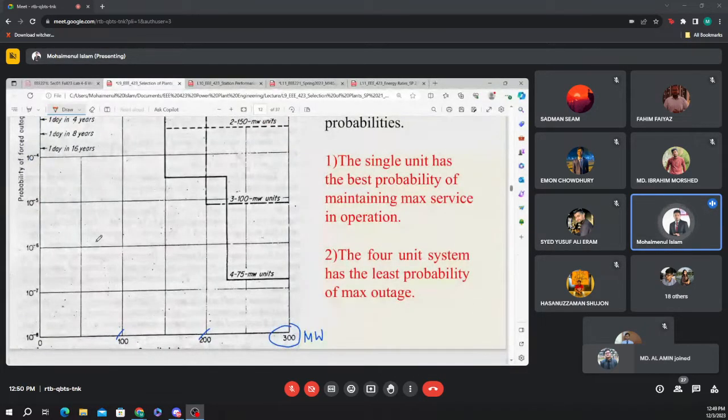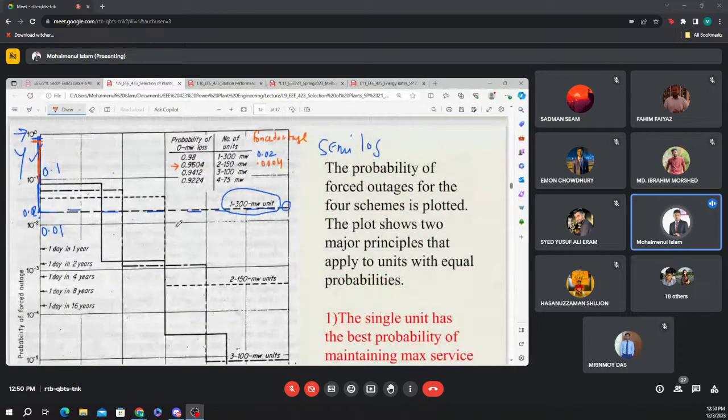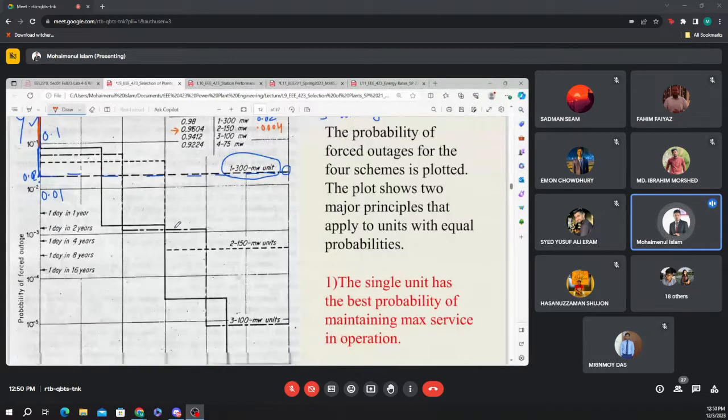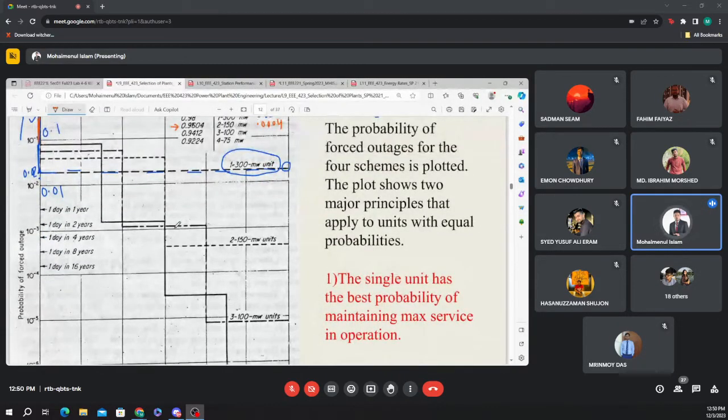So 150 means this is 100, this is 200, this one here, and 300 means here. So there should be a staircase type of plot which provides you two particular values for this graph. So we might find it here.